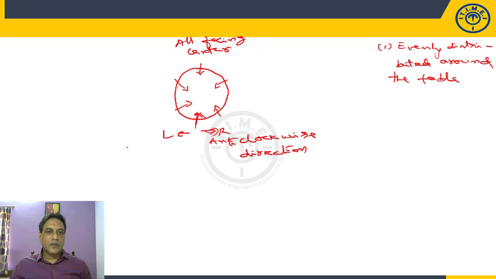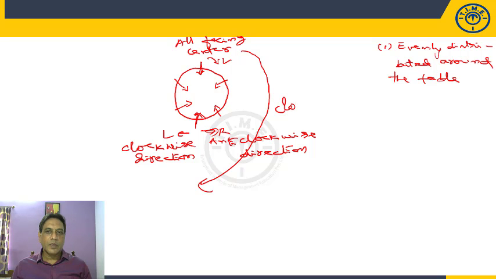And left is clockwise direction. So it is the same for any person, wherever the person is sitting, as long as the person is facing the center of the table. Now for this person, this will be his left. This is clockwise direction. So this direction is clockwise, like this. And this direction is anti-clockwise.